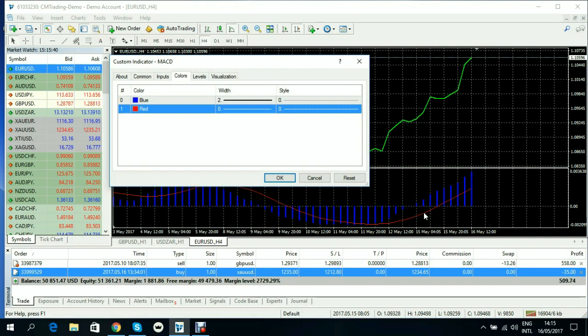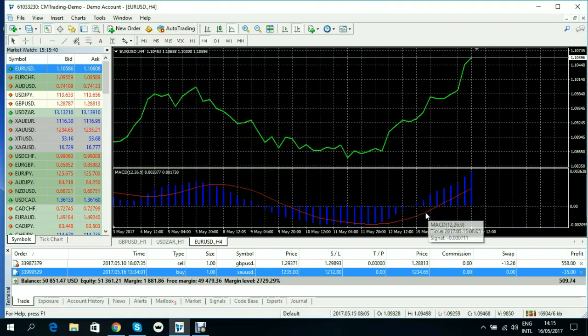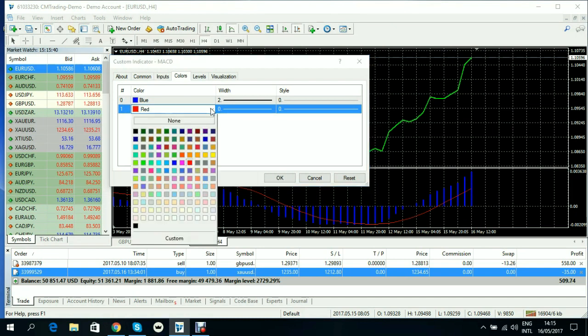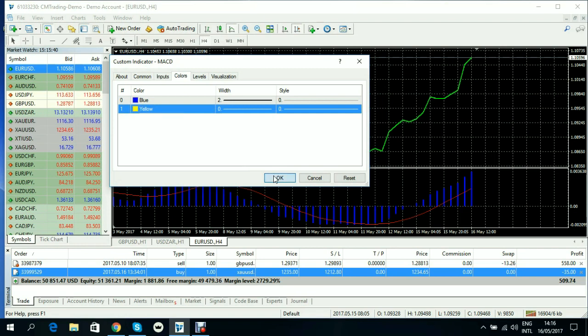If you want to change the signal color, you double click on the signal color, click the drop down button, and maybe choose yellow.